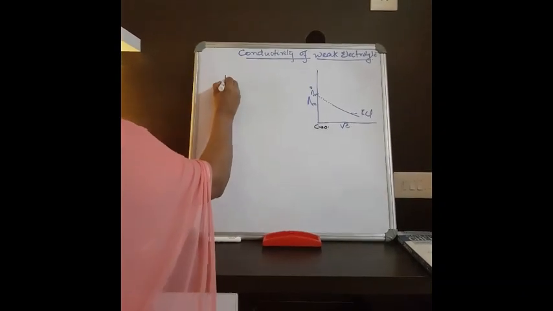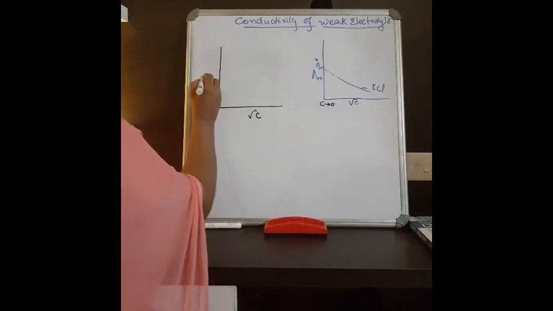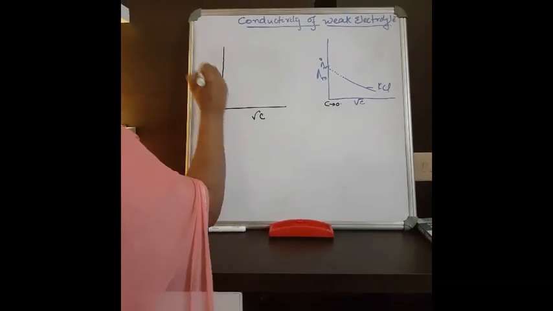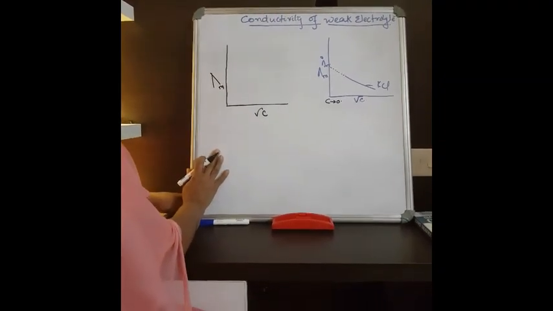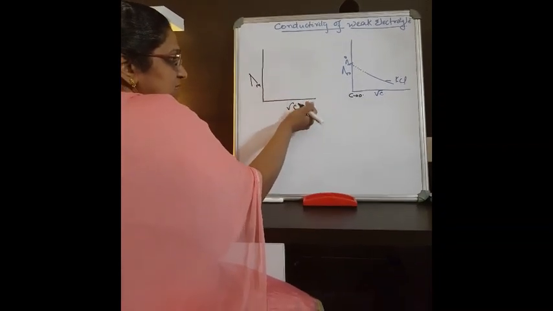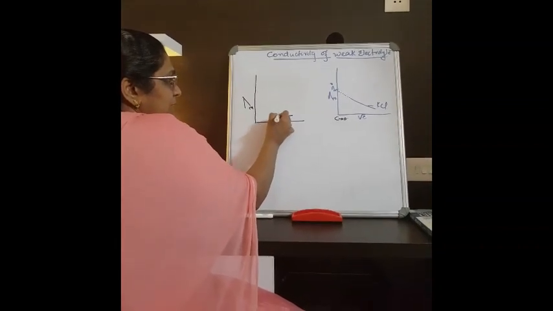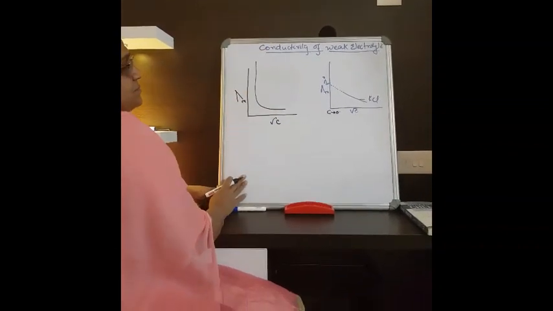Now if we draw a graph with root C along the x-axis and lambda m along the y-axis, we see as the concentration decreases, that means as the dilution is increasing, what happens? We will get a parabola like this. See?